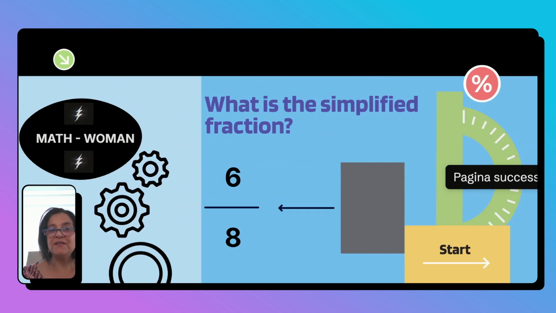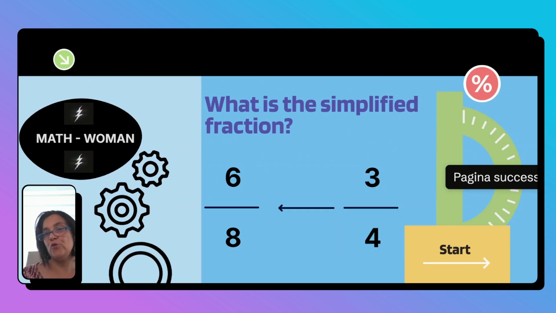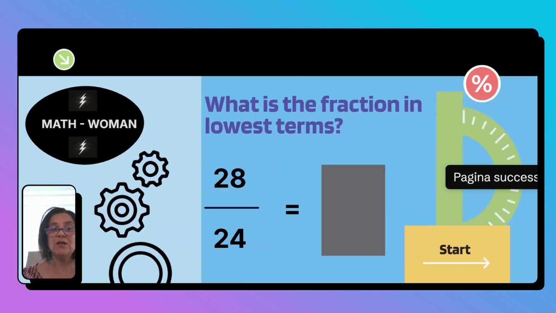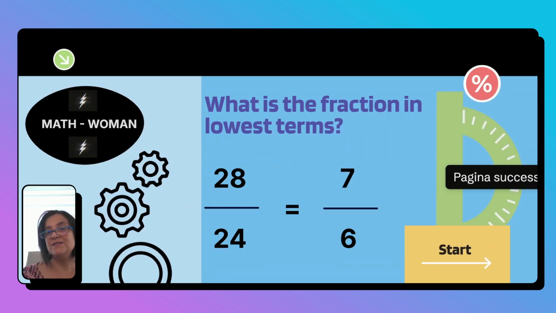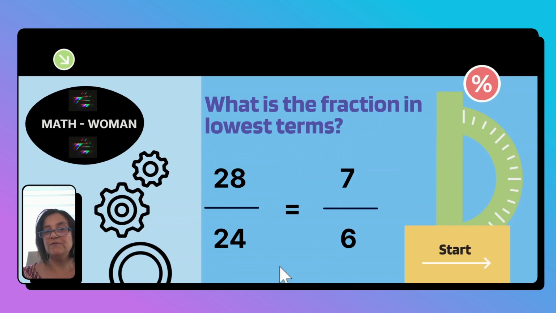What is the simplified fraction? 3 over 4, because both 6 and 8 can be divided by 2. What is the fraction in lowest terms? 7 over 6. Both 28 and 24 can be divided by 4. So 28 divided by 4 is 7. 24 divided by 4 is 6.